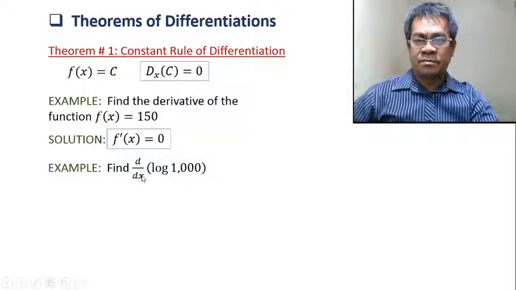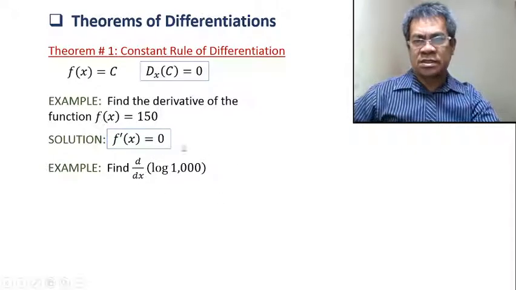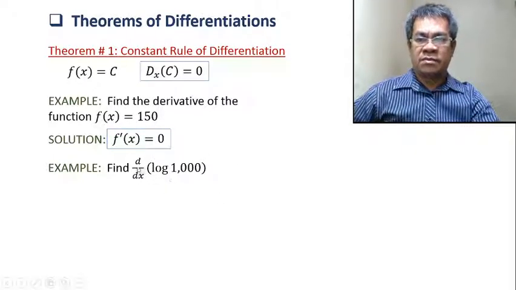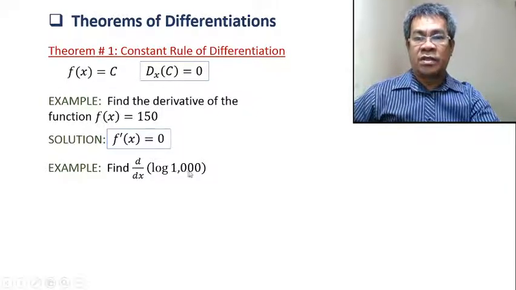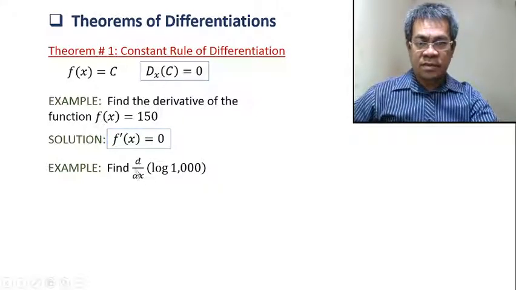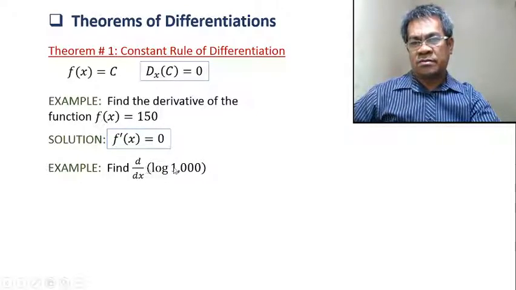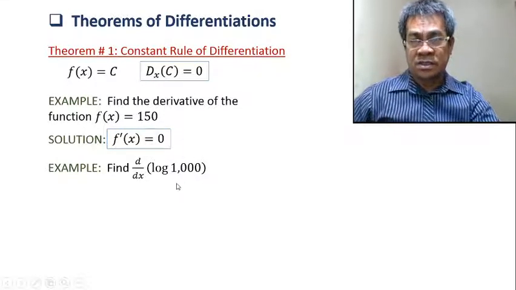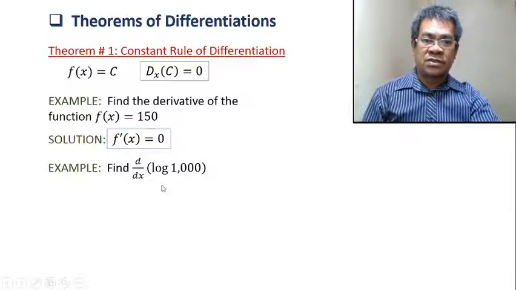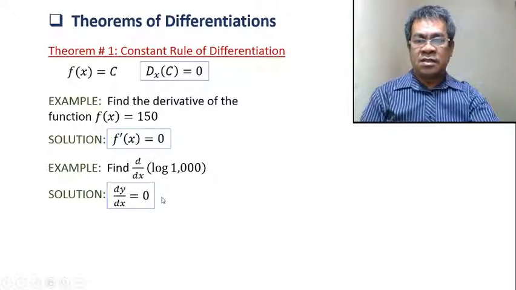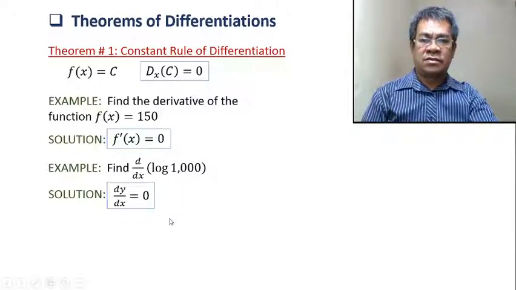Suppose we are asked to find the derivative of log of 1000 with respect to x. Again, there's no variable x in the function, so we can call this a constant function. Then the answer is always equal to 0.